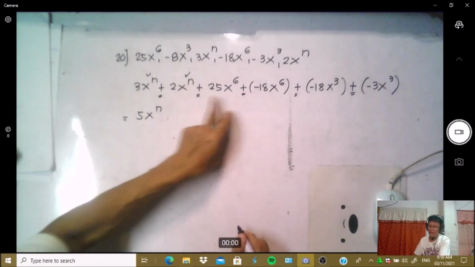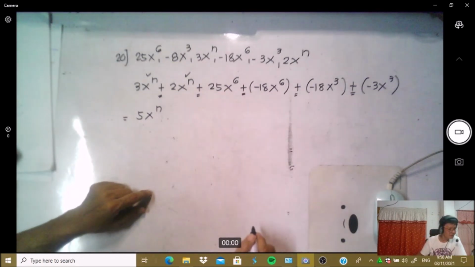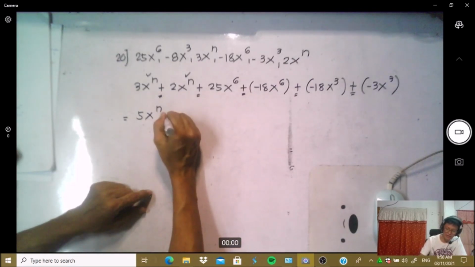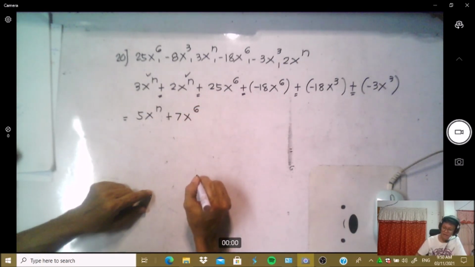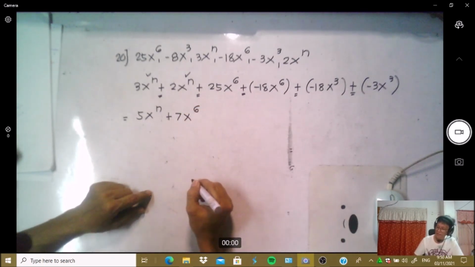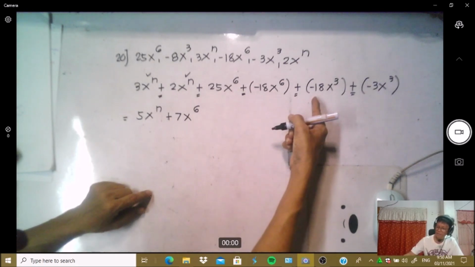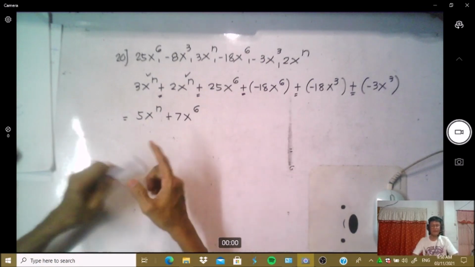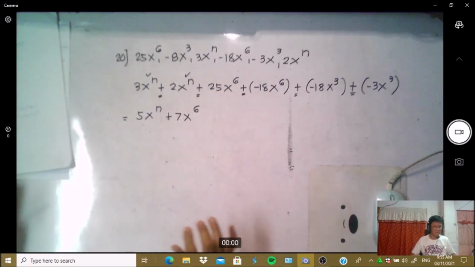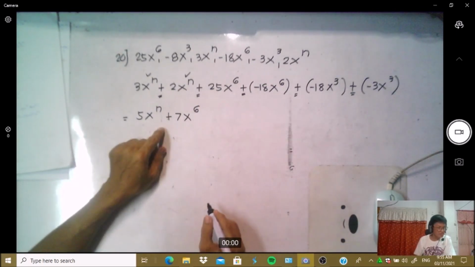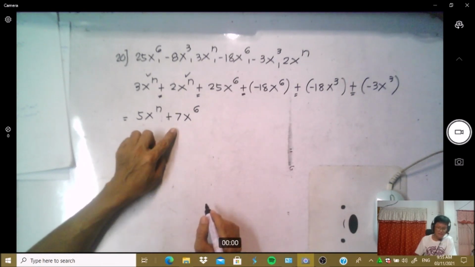Then 25 minus 18 is equal to 7, so plus 7x raised to 6.